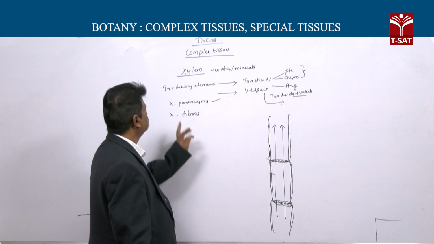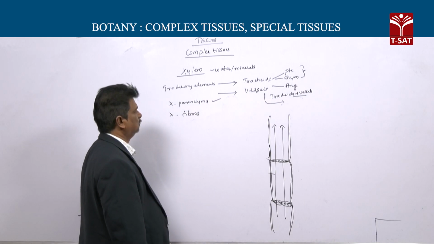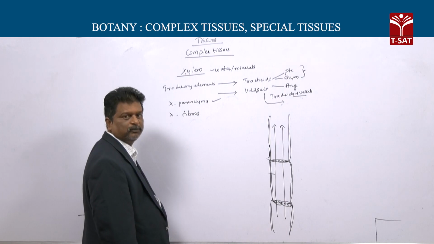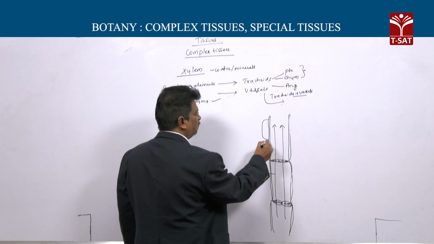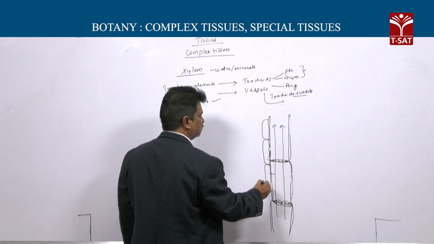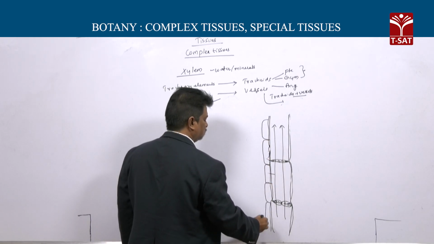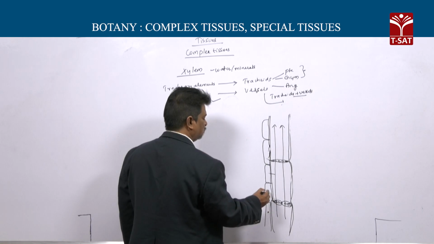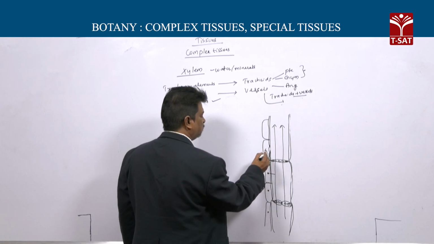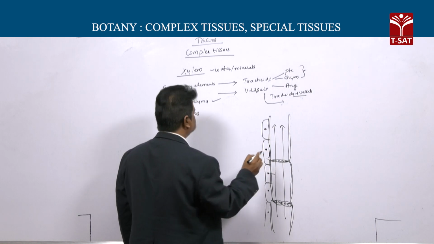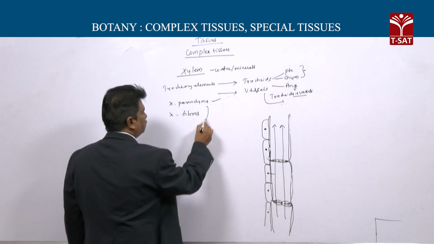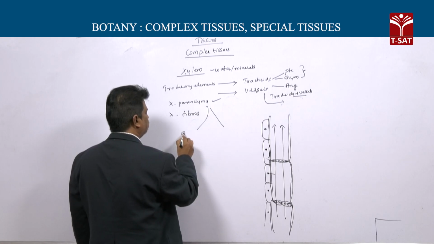Next one, xylem parenchyma. The only living tissue present in xylem is xylem parenchyma. The xylem parenchyma is made up of living cells of cellulose, and this parenchyma contains vacuolated cytoplasm, and there are two types of xylem parenchyma.